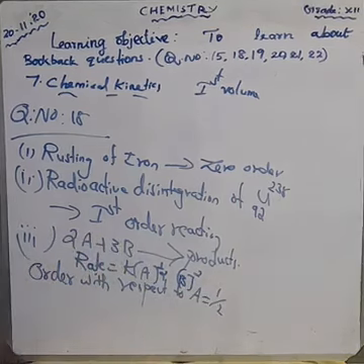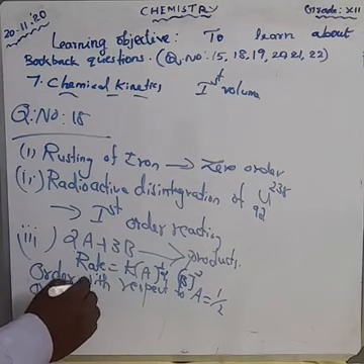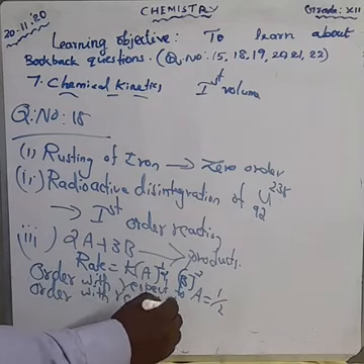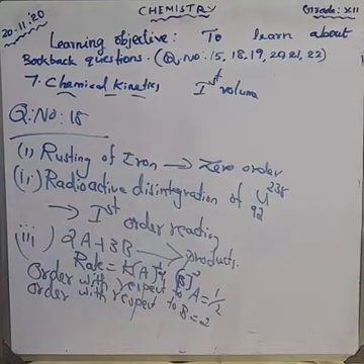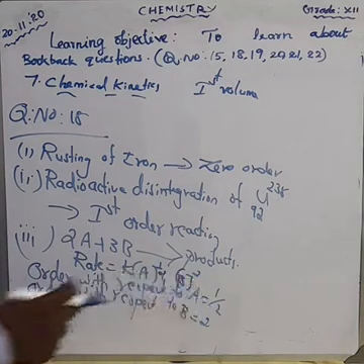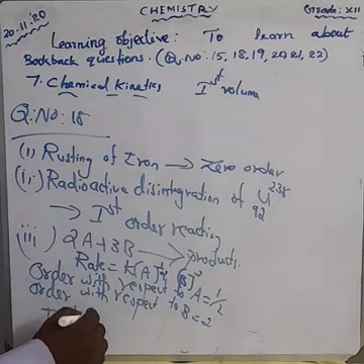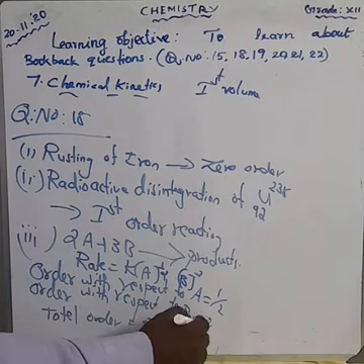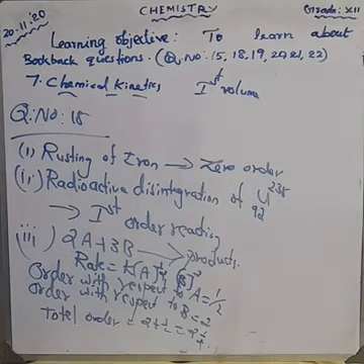Order with respect to B is equal to 2. What is the total order? Total order means 2 plus half, which is equal to 2 and a half. Okay, the total order is 2 and a half.